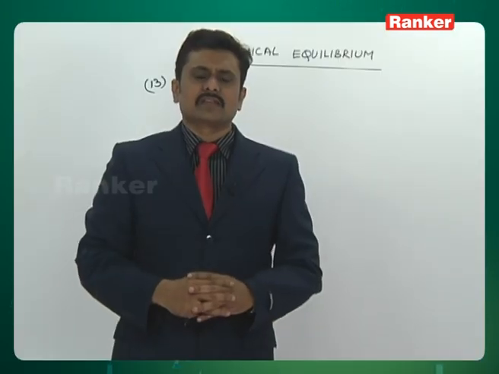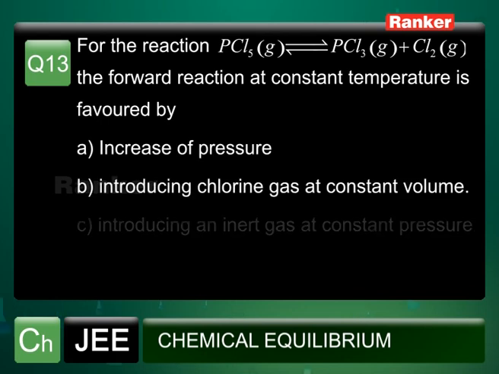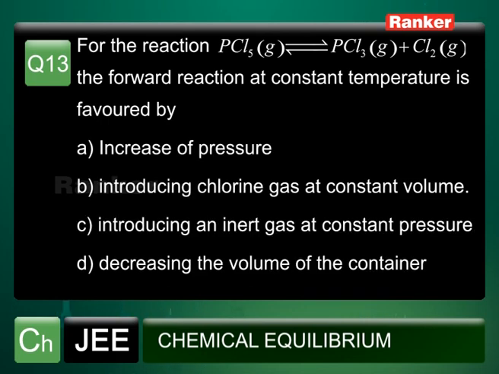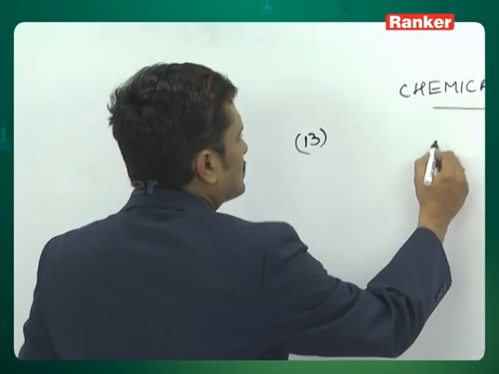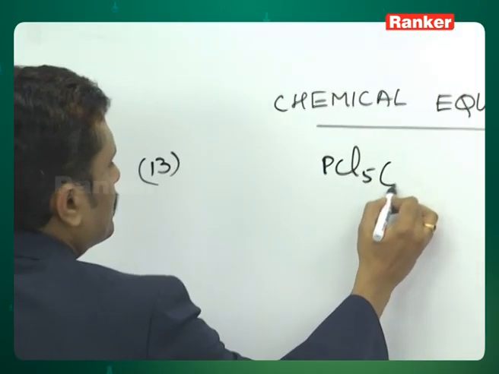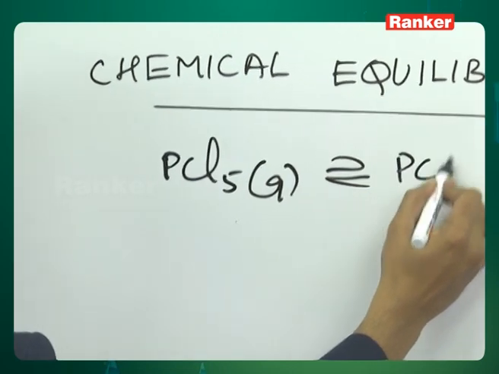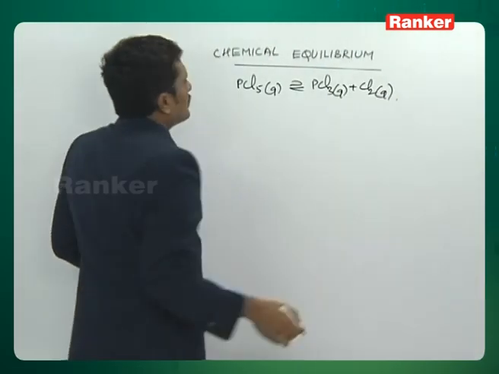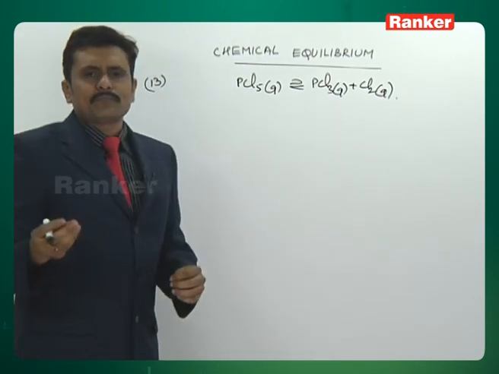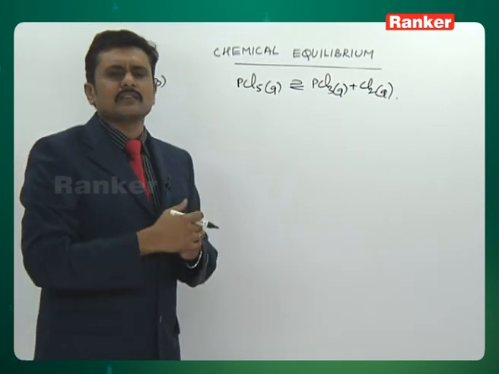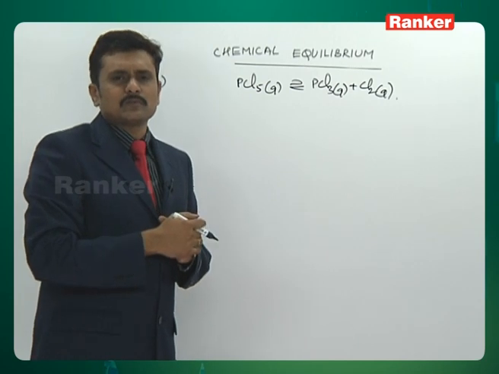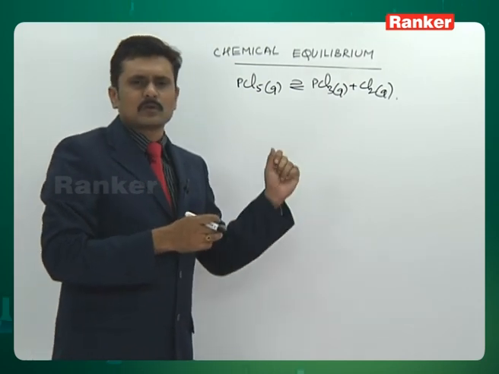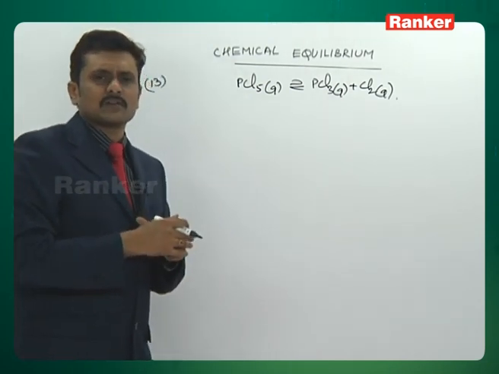We have the equilibrium reaction PCl5 dissociating to give you PCl3 and Cl2. The forward reaction at constant temperature is favored by. You can see here that this is the dissociation of the PCl5. You want to increase the forward reaction content at a constant temperature.